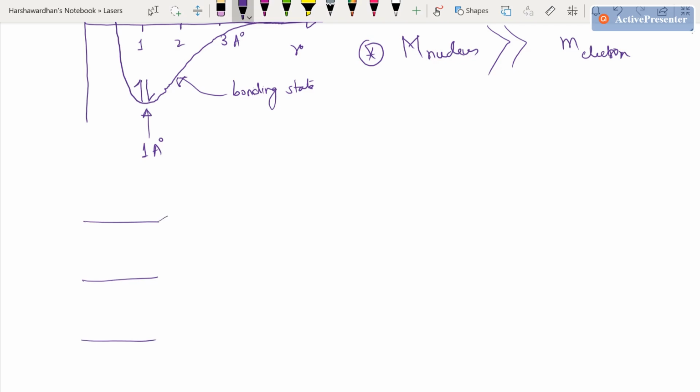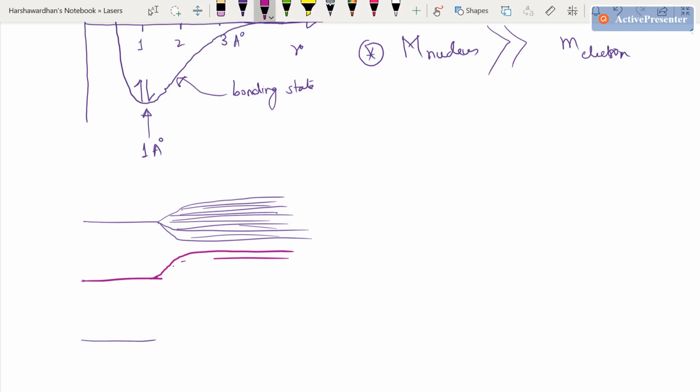the corresponding energy states would split into bands, right? And the number of energy states actually depends on the number of atoms which are there.